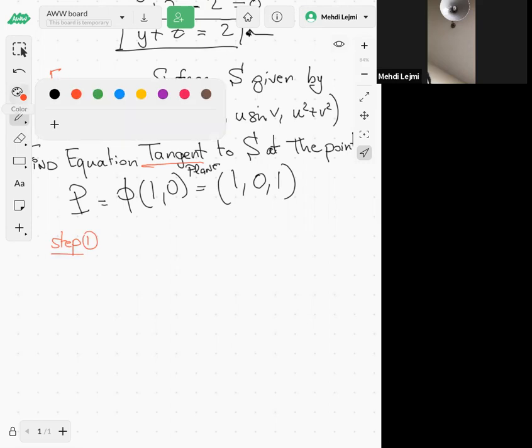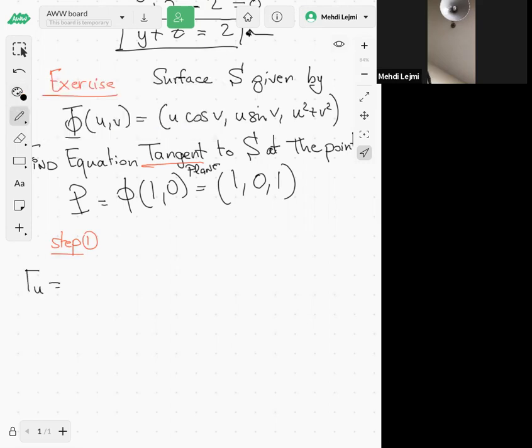First, t_u, the derivative with respect to u. That'll be cosine v, sine v, and then 2u. Now at the point P, u is 1 and v is 0.